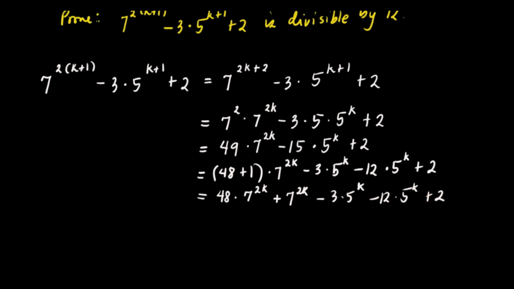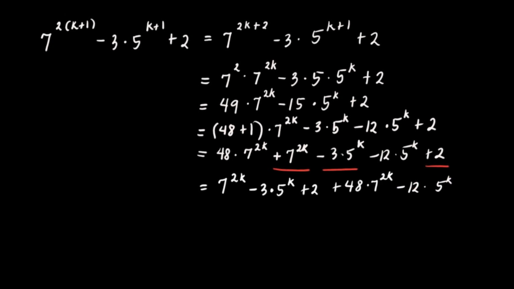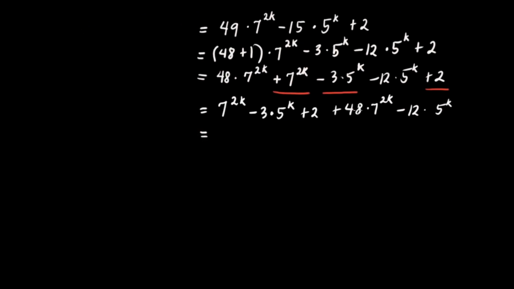And if you'll notice, pagsama-samahin natin sila. So, we'll have 7 raised to 2k minus 3 times 5 raised to k plus 2 plus 48 times 7 raised to 2k minus 12 times 5 raised to k. And this one can factor out 12.